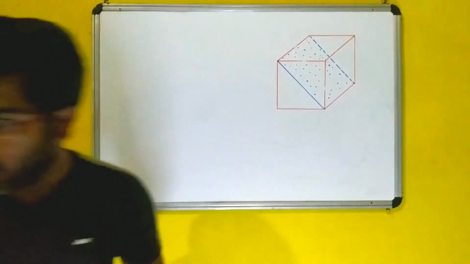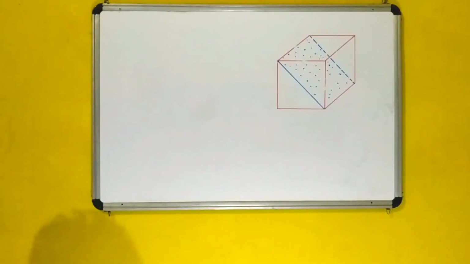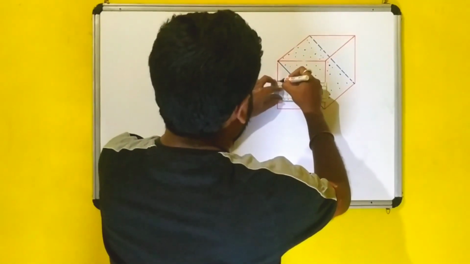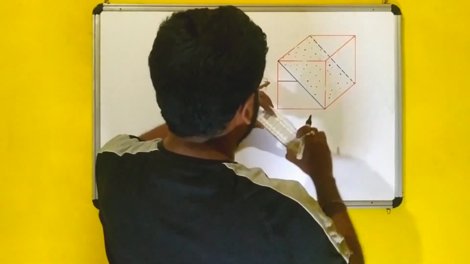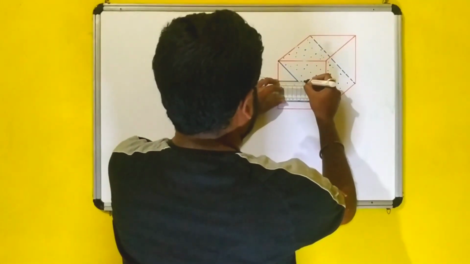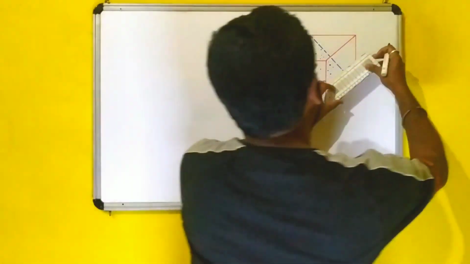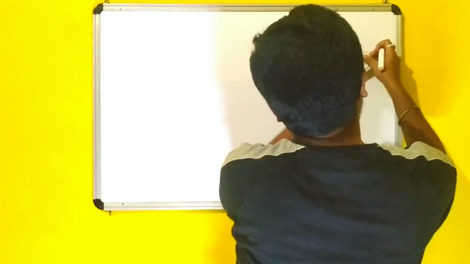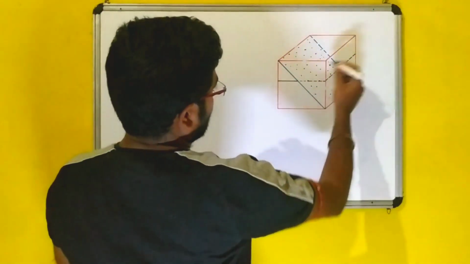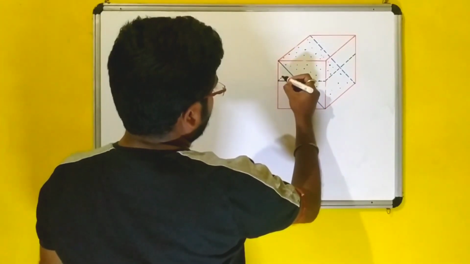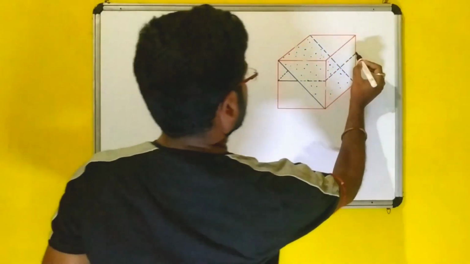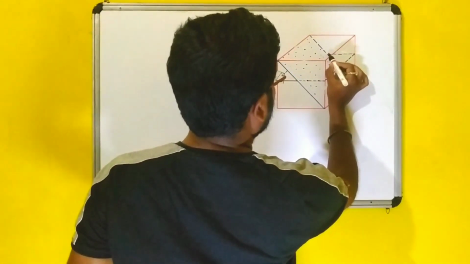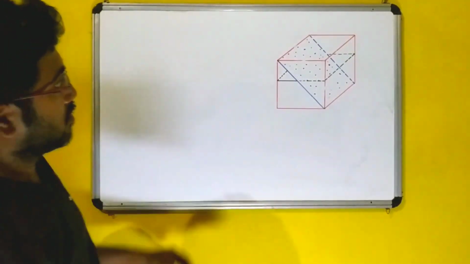So to show it in a three-dimensional block figure, if we can draw one horizontal plane, this is the horizontal plane, this one, and in the rear face, this is the horizontal plane.